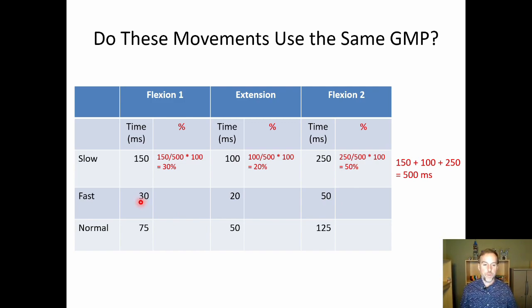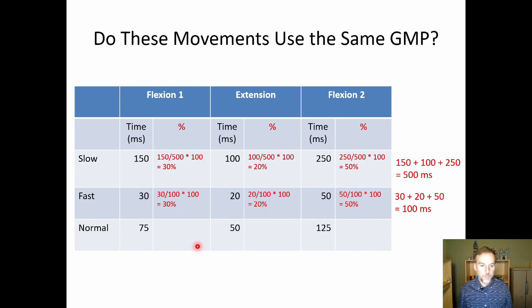And this one's really straightforward because 30 plus 20 plus 50 is 100. And the math here is, well, when it's 100, you'll see it's the easiest because this is going to be 30 divided by 100 times 100. So those hundreds actually just cancel out, and we're going to get 30, 20, and 50.